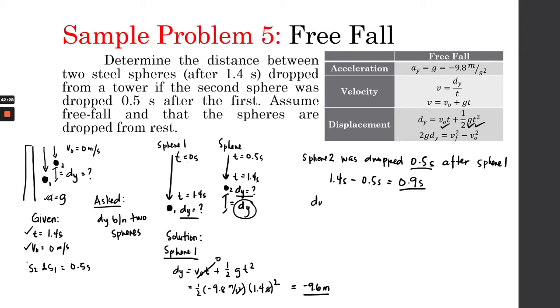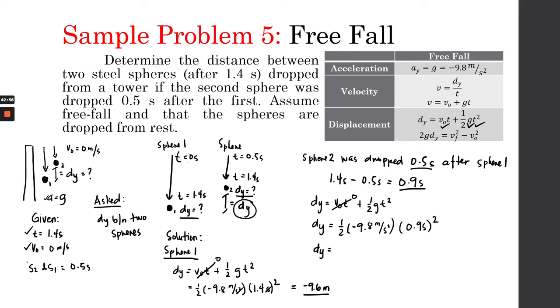So let's measure the distance traveled by sphere 2, for which we will use again the same equation, plus 1/2 gt squared. Again, the initial velocity of sphere 2 is also 0 meters per second. So dy is equal to 1/2 multiplied by negative 9.8 meters per second squared multiplied by 0.9 seconds squared.